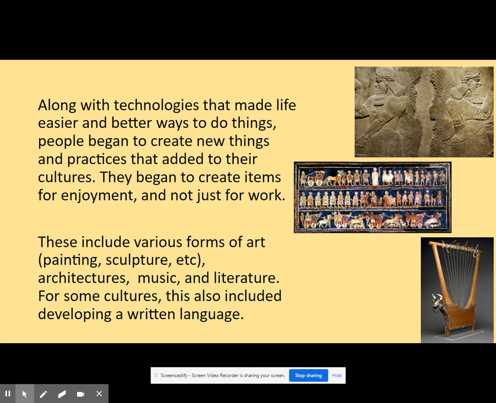We're going to see people creating music and musical instruments and literature. And once the written language comes along, this is also going to add to the culture. But this is a big part of a civilization because it's that advancement idea that people are no longer just doing things to survive, they are creating more to get more out of their life. So adding to their culture is key.